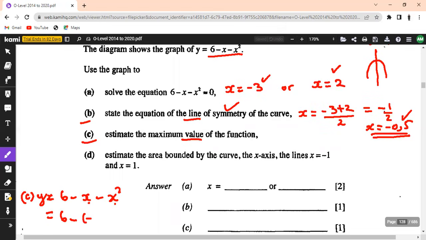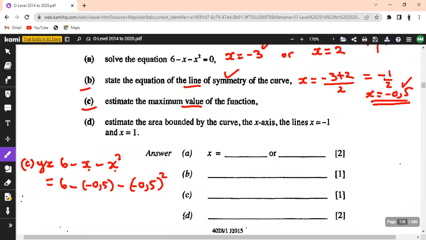So this is minus 0.5 in brackets squared. You simplify, you square that one. After squaring it, you add, you subtract, and so forth. Here, minus and minus is a plus, so it's going to be 6 plus 0.5 minus 0.5 squared.